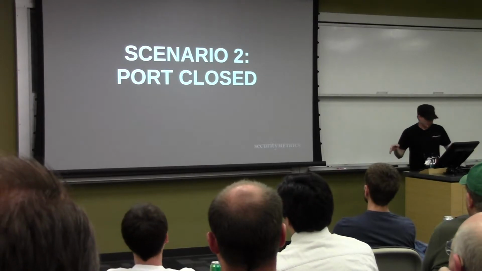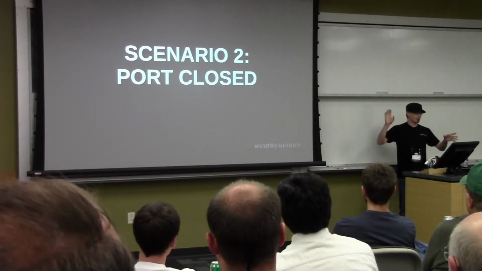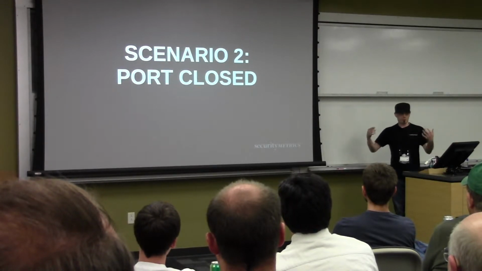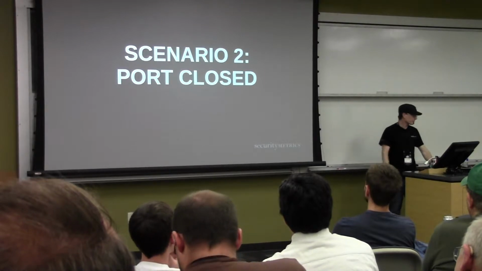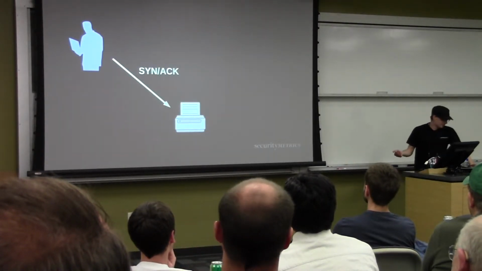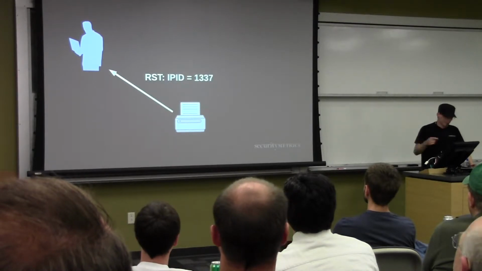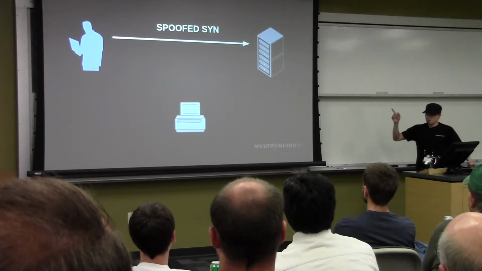Okay, so from here we're going to move on to a closed port and a filtered port. Was the explanation of the open port pretty clear? All right, cool. It starts out the same way. We probe the zombie. We get the IP ID back. Write that down. Send a spoofed packet to the server rack.